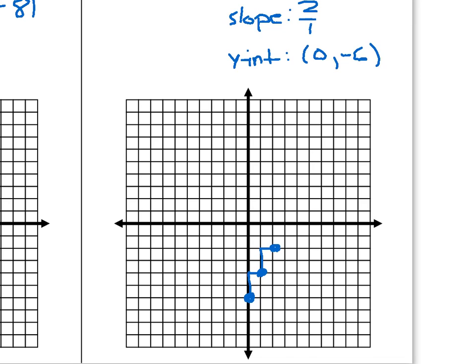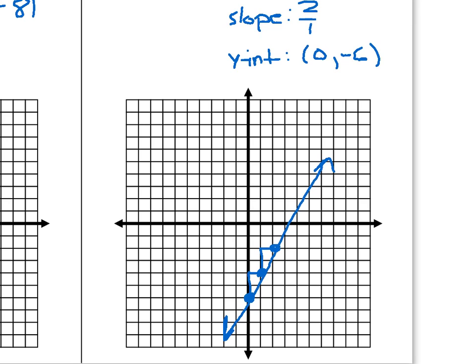Desiree, dashed or solid? Why solid? Because it's what? This has got the or equal to portion to it.